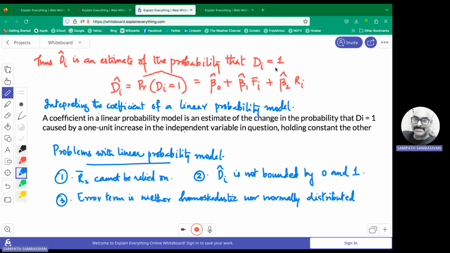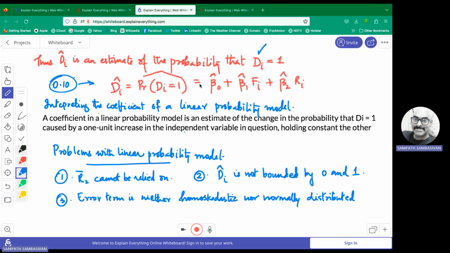So if the estimated value of Di is 0.10, that would mean there is a 10% chance for Di being equal to 1, or in other words, a 10% chance for the ith state to have a female governor.